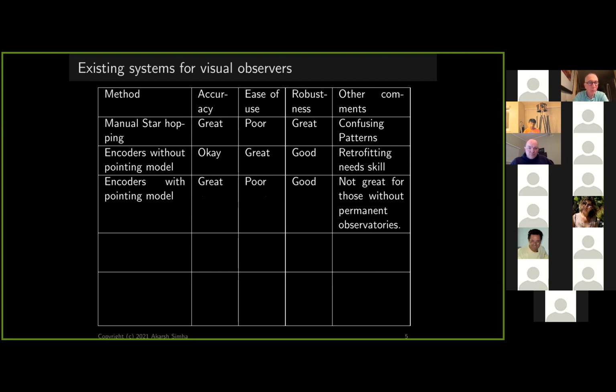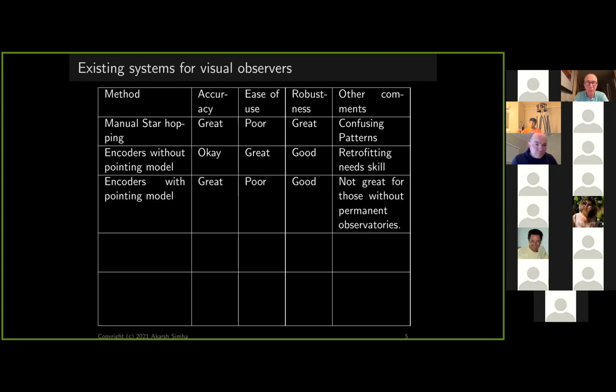or they're using encoders. Encoders are also known as digital setting circles. Basically, they're these tiny devices that use optics to be able to tell how much a shaft has rotated, right?